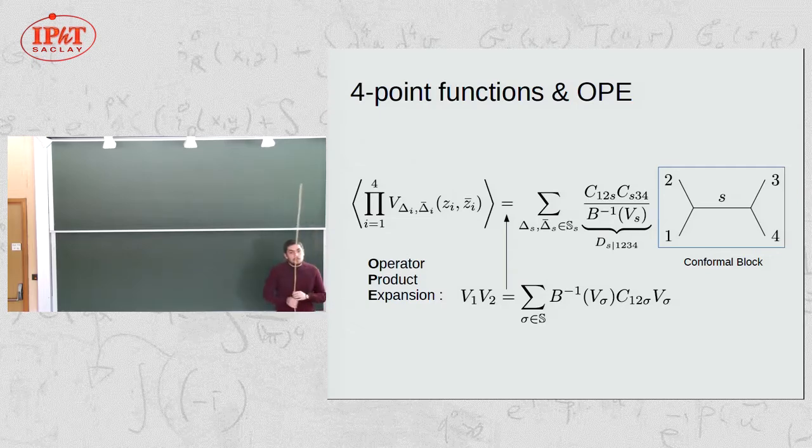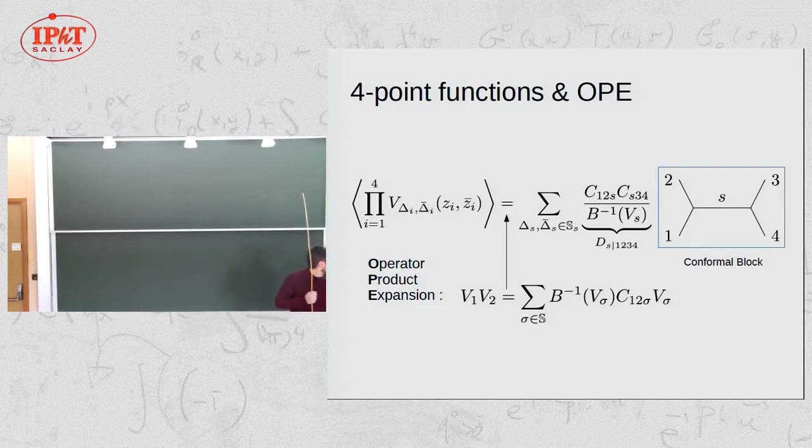So if we want to compute the 4-point function using this method, since the conformal blocks are in principle known, what we need to find out is the spectrum over which we are performing the expansion and the 3-point structure constant. So how should we go about finding this?